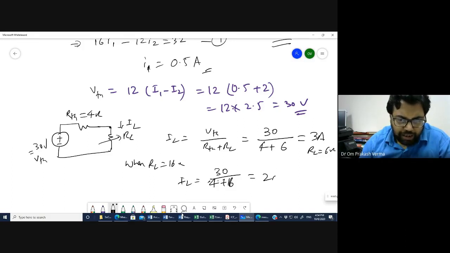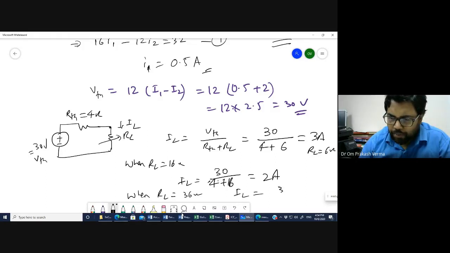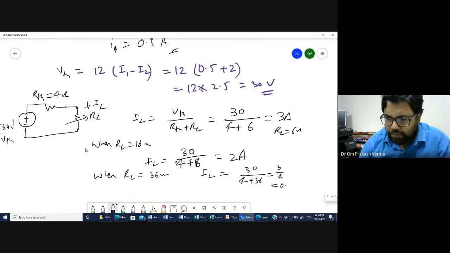And when RL equals 36, then IL equals 30 upon 4 plus 36, that is 40. So 3 by 4, that is 0.75 ampere. Any problem?